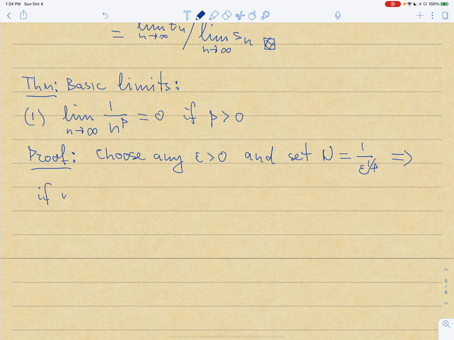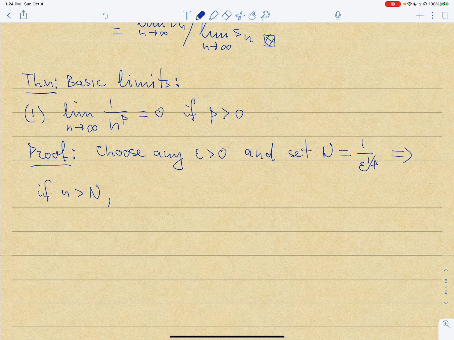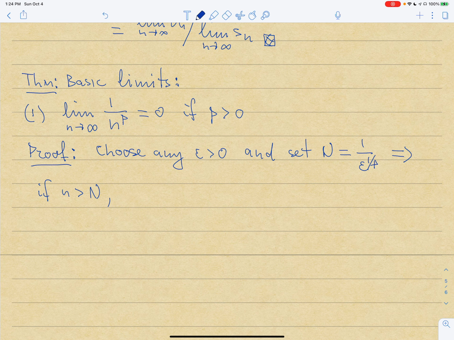So then, if n is bigger than capital N, what do we have? We have 1 over n to the p minus 0, absolute value, which is, of course, just 1 over n to the p because everything is positive and 0 does not affect anything.